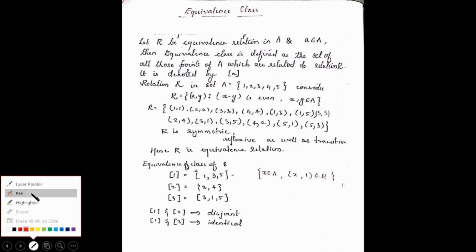Equivalence class. Let R be an equivalence relation in A and a belongs to A, then the equivalence class is defined as the set of all those elements of A which are related to a by relation R. It is denoted by [a].